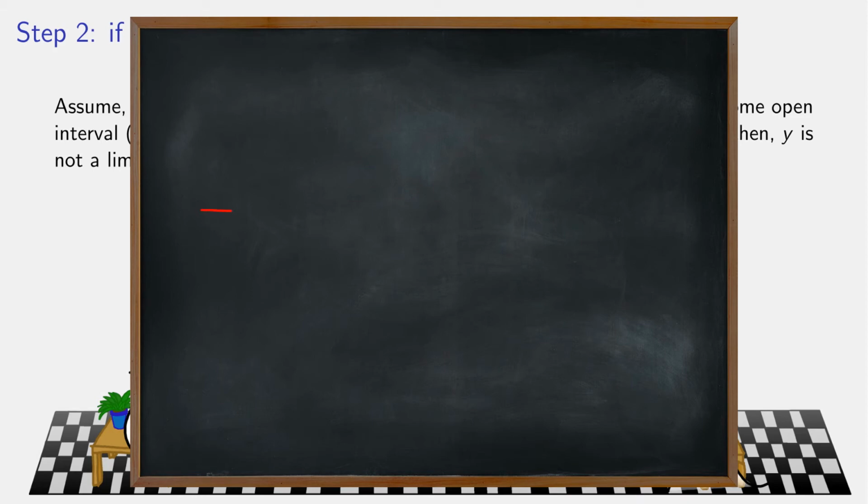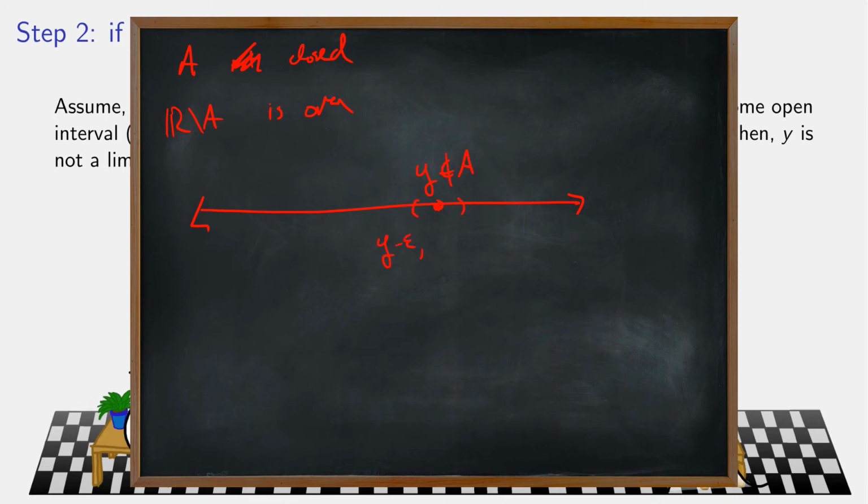So imagine we assume that A is closed. That's the one we're doing now. In other words, the complement is open. So if I pick any point here which isn't in A, since the complement of A is open, there must be an interval of this form that is a subset of the complement of A, because the complement of A was open.